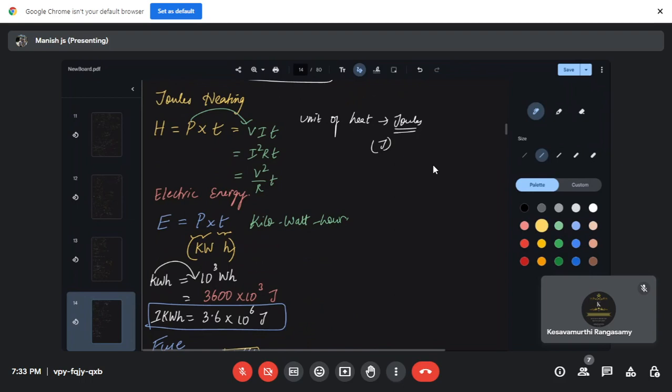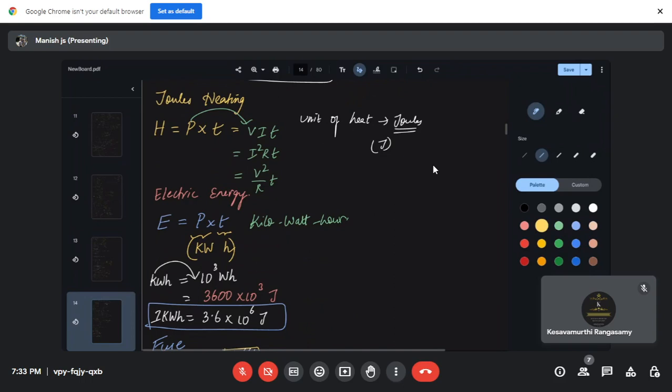So in domestic circuits, in our houses, when we have so many appliances that are consuming power on a daily basis, we get a monthly electricity bill. The monthly electricity bill is based on the number of units of electricity that we are consuming. So 1 unit of electricity technically means 1 kilowatt hour of energy consumption.